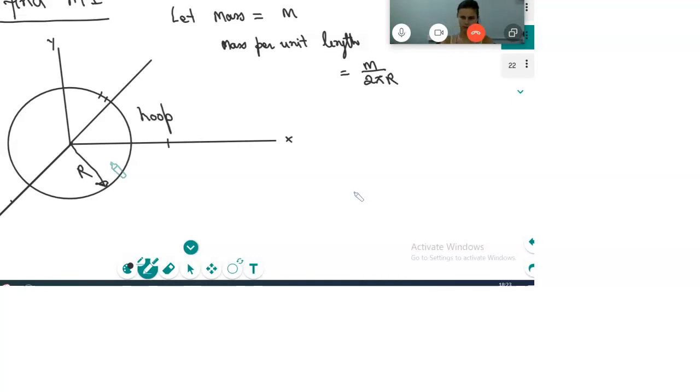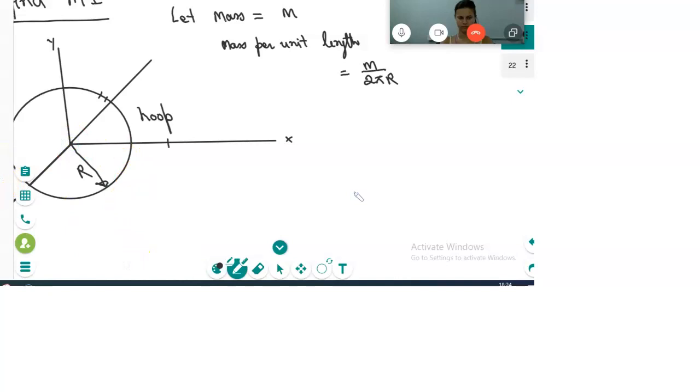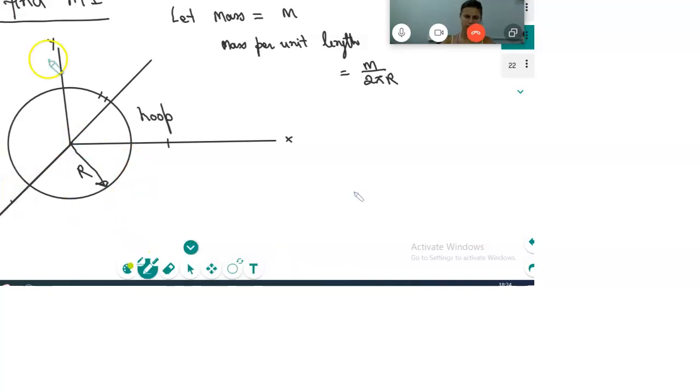What we will do, we will draw one small angle here. Let us say this is the x-axis, na. From the x-axis, this is one theta, at theta angle, one small piece we will take.